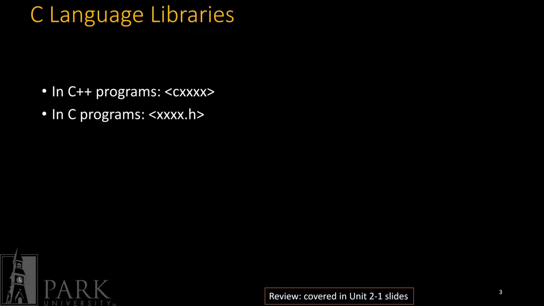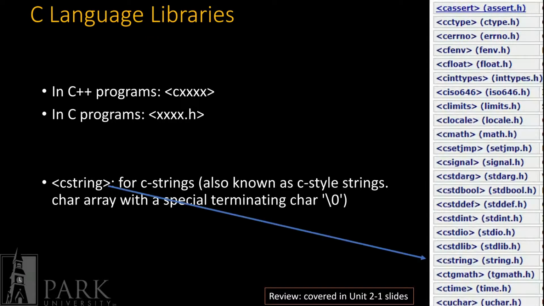That's why we have cmath and cctype. So the C string header file is actually string.h from C and contains functions for C strings. And the string header file is for the C++ string class we've been using, and there's no corresponding C library because it was implemented for C++ only.